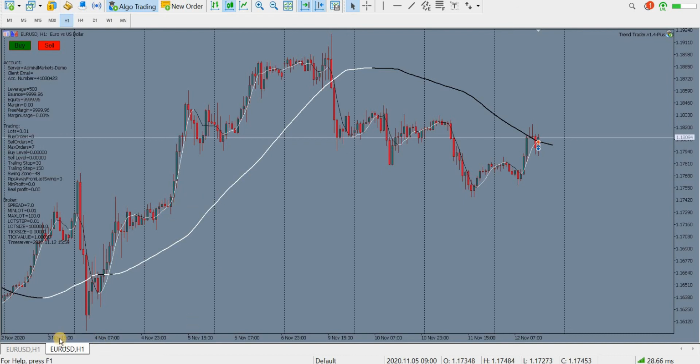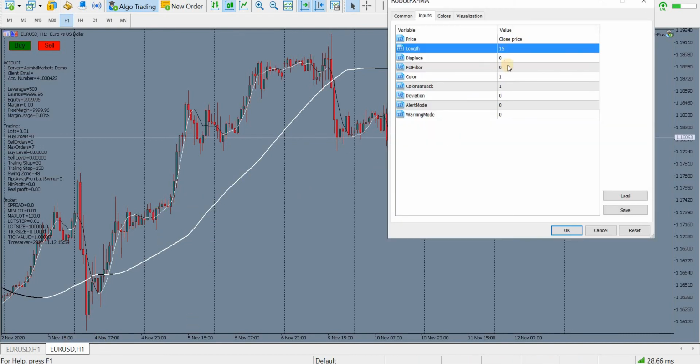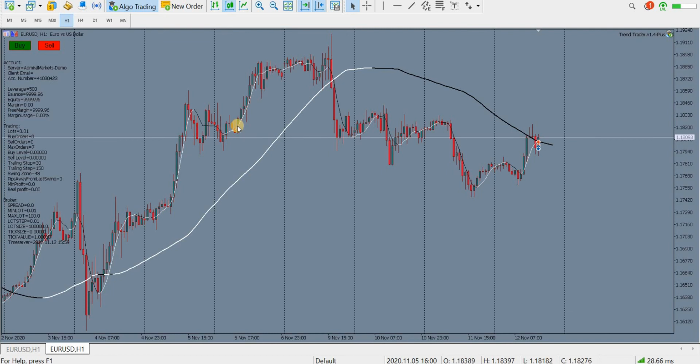Anyhow, here we are using a signal that is 15, and it's a little too small for my preference. I'll set it to 20, so I will not have so many color changes, and the signal line will not change the color too often. It's a trading preference.